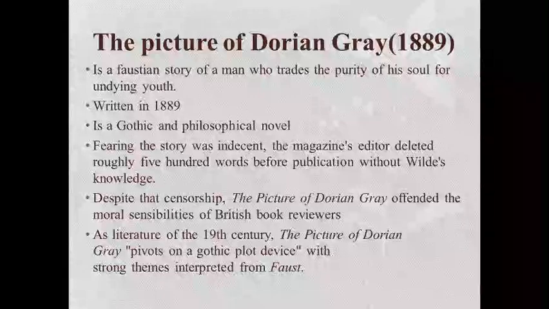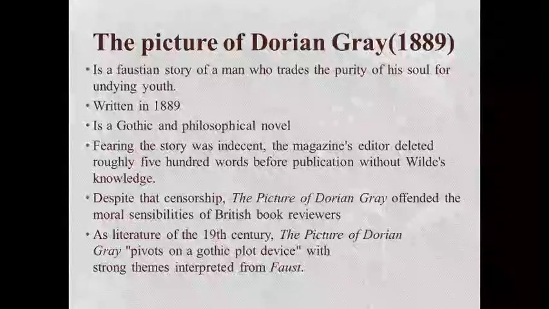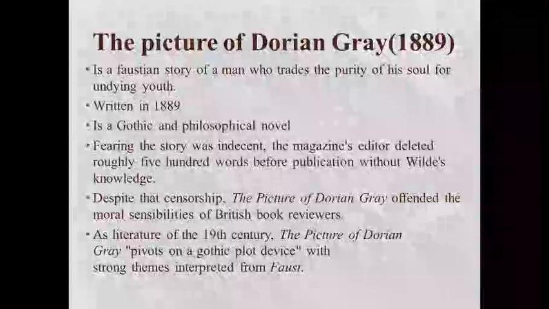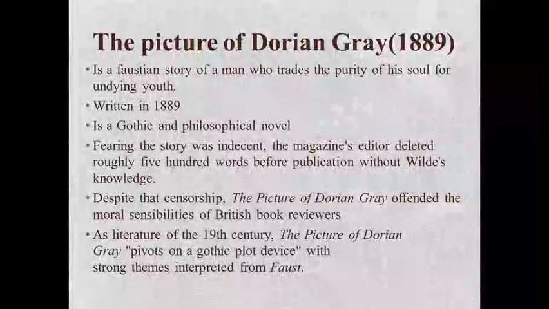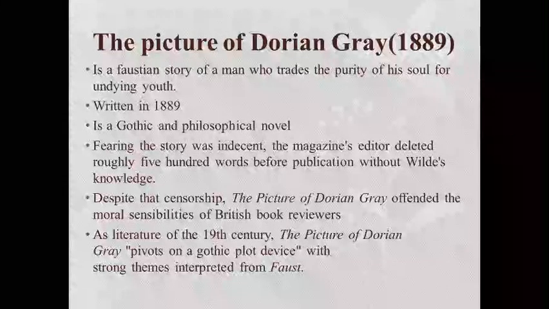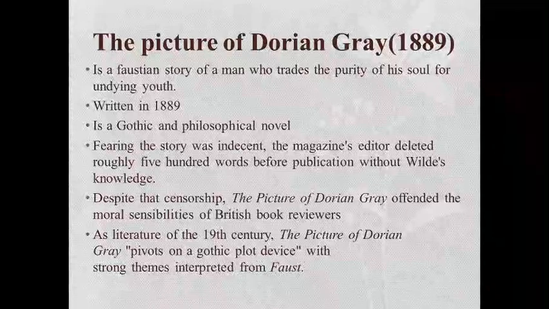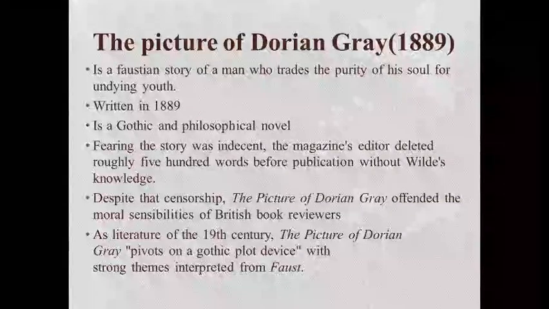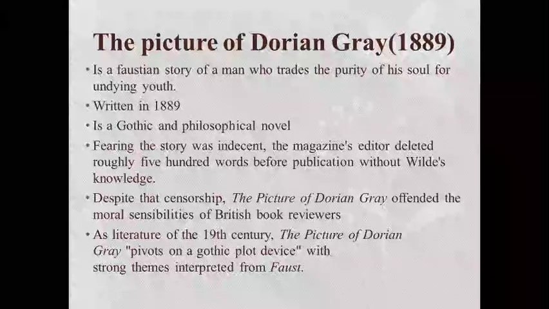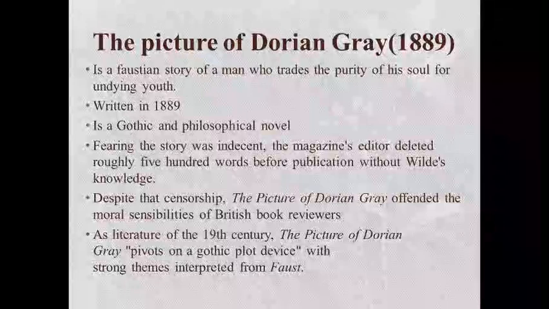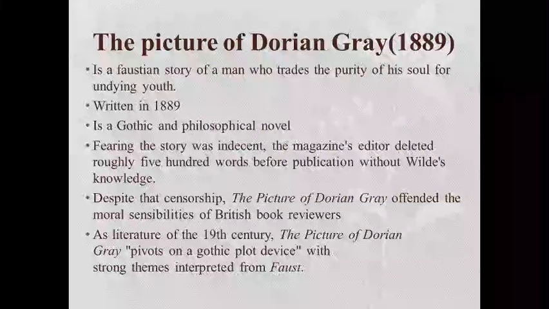And this book was forbidden because of this inverted male relationship. So Basil was a male and fell in love with Dorian Gray, and that was the first step that changed Dorian Gray into another character. And then he becomes an artist that he loved together. He fell in love with himself, his beauty, his appearance.